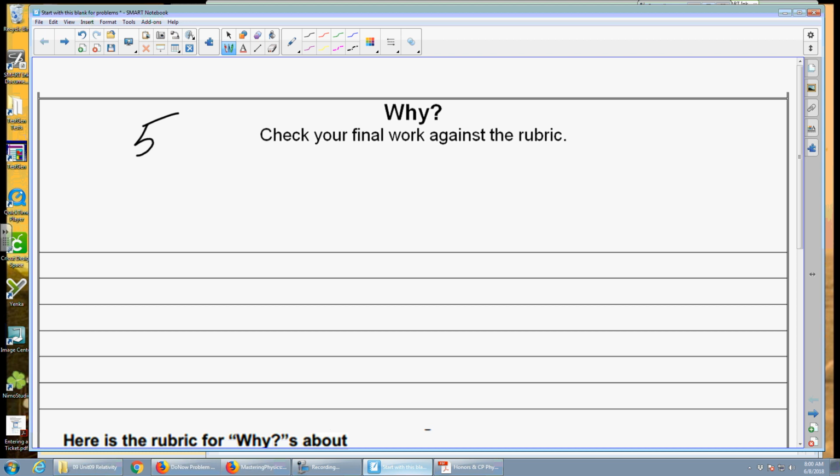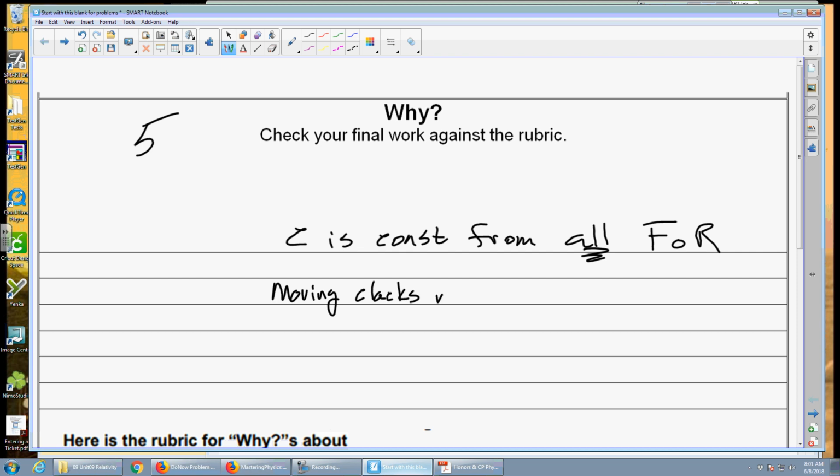Alright, so we should have that in here. We should probably start with our main thing, that it's constant from all frames, and then something like moving clocks move slower since less time passes.